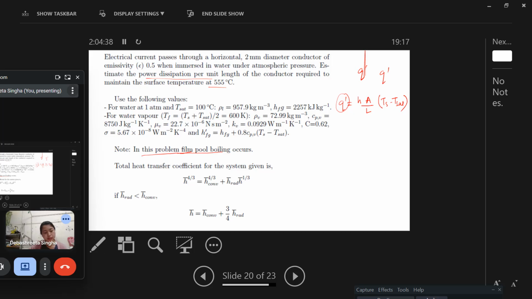Ts is the surface temperature, T sat is the saturation temperature of water. So A is pi D L only, a cylinder. Most of the problems are of cylinders only. So L will get cancelled. So basically we need to find this.